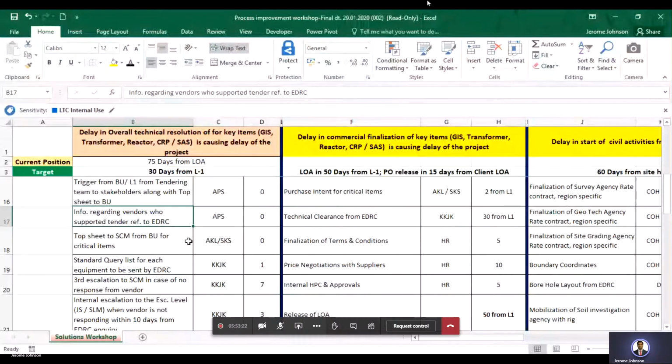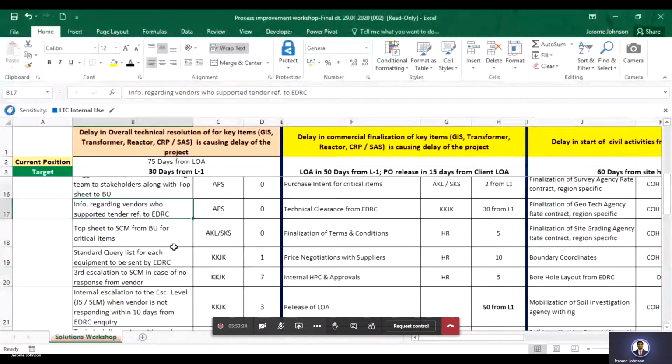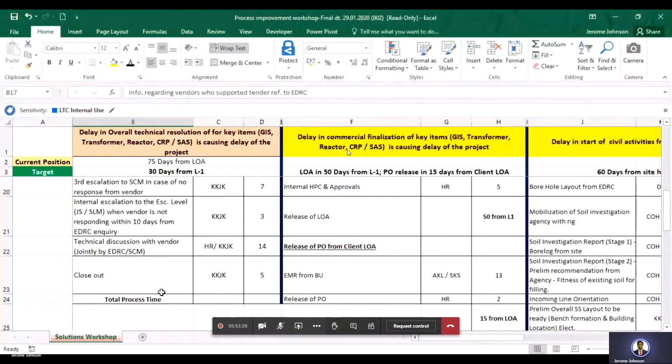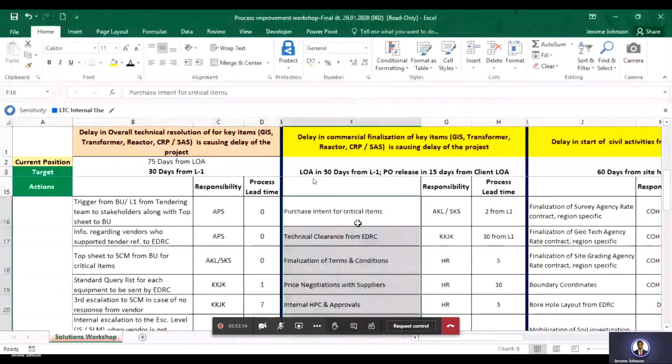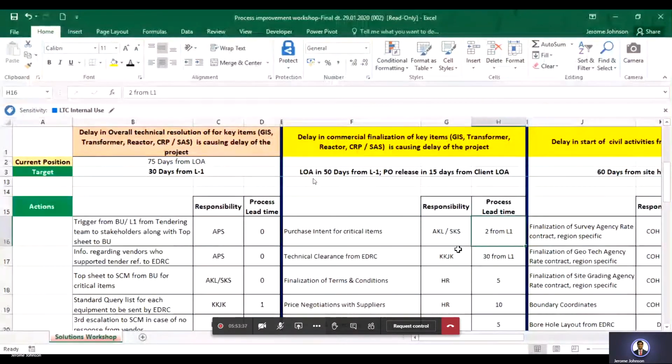Similarly, everything was first discussed internally, then the activities were listed with the responsibility for each activity, and a process lead time was arrived at: when can they give it? For every activity, for example the start of civil activity, the finalization of the agency was having an issue, so when will they do it.